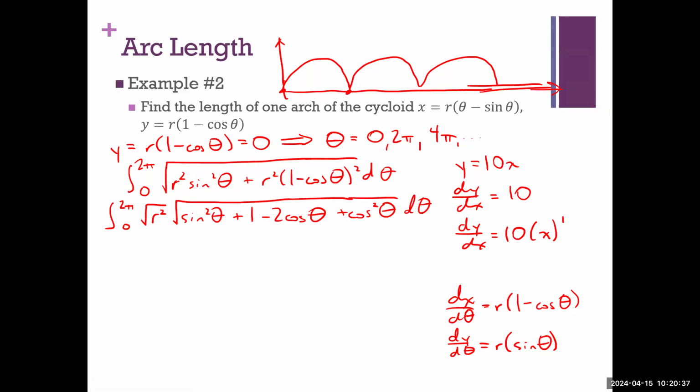Any questions about where we ended up on that step? Basically I'm foiling out. So you sure? Okay.